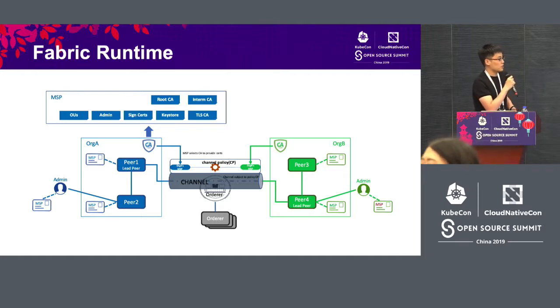For example, we have the CA components, which is doing the distribution of the credentials. And we also have a peer component, which is to maintain ledger and maintain the transaction rules. Another one is about the orderer module, which is providing overall sequencing services.